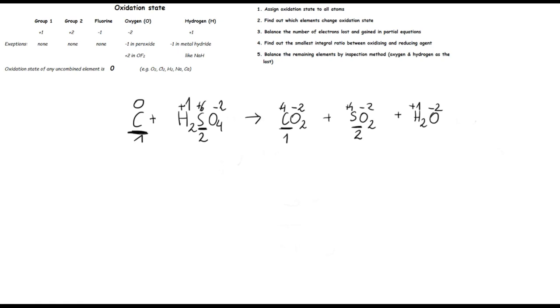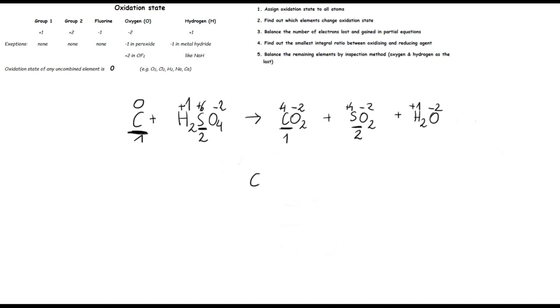When we have all the elements which change oxidation state, we move to step 3: balance the number of electrons lost and gained in partial equations. It may sound complex, but it's very, very easy. So we write the partial equations for those elements.